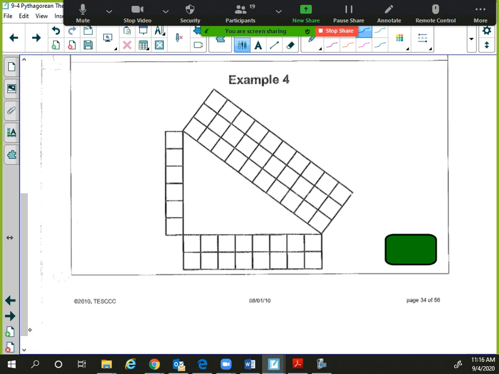Let's look at the next one. So it's giving you the side lengths. We don't have completed squares this time. So the side length is 1, 2, 3, 4, 5, 6. I'm going to label it on the inside of the triangle. And this one on the bottom would be 2, 4, 6, 8. And 2, 4, 6, 8, 10.